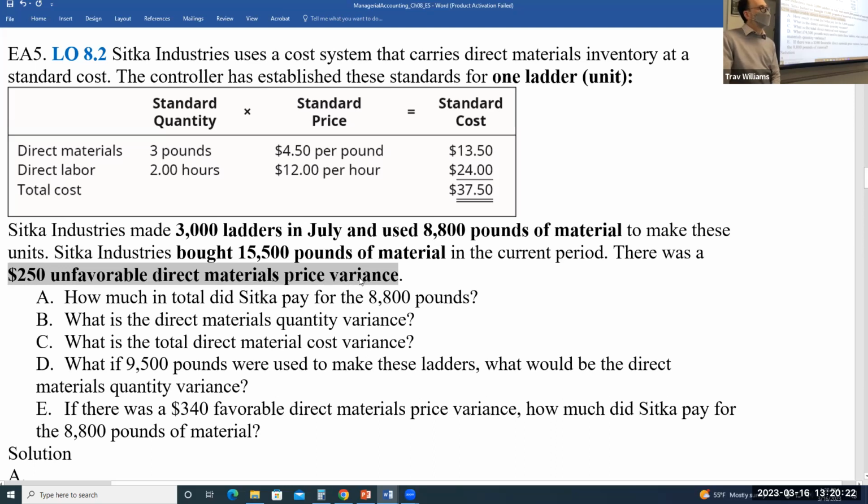So they paid $250 more than the standard price. So if we can figure out what was the standard price or cost, then we can add $250 and we'll get the actual cost. Would you just multiply the standard price per pound with the 8,800 pound material? Yeah, I think that'll work. $4.50 was the standard price per pound.